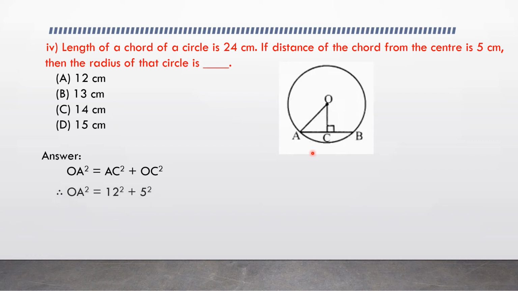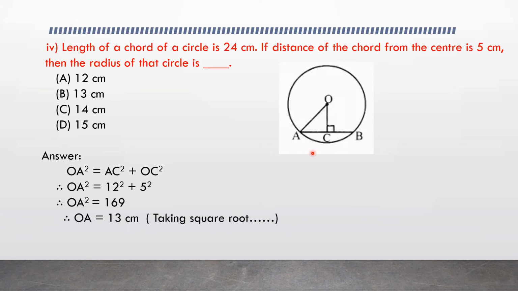Therefore OA square is equal to 12 square plus 5 square, that is 144 plus 25 is equal to 169. OA square is equal to 169. Therefore, OA is equal to square root of 169, that is 13 centimeter. Therefore, option B is your answer, that is 13 centimeter.